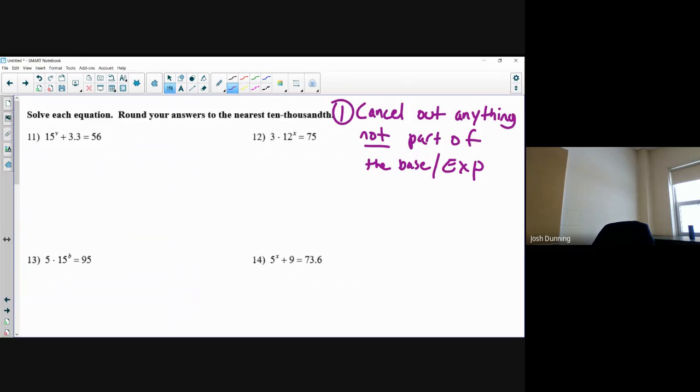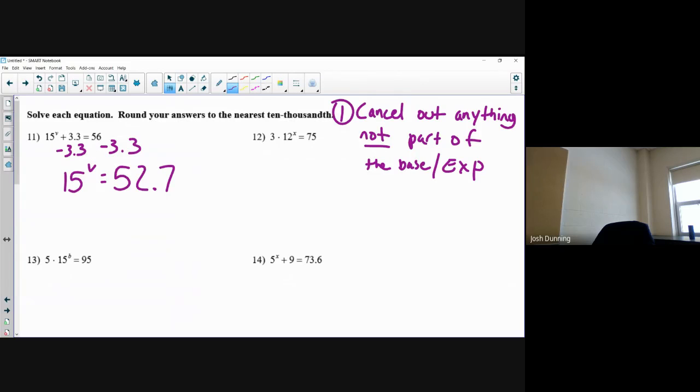That's the first step. So like on 11, 15 to the v power plus 3.3. So I'm going to minus 3.3. That is 52.7.